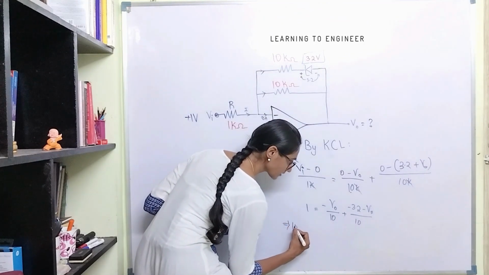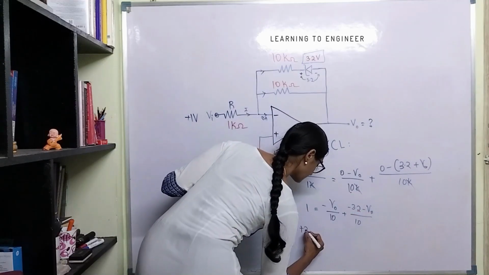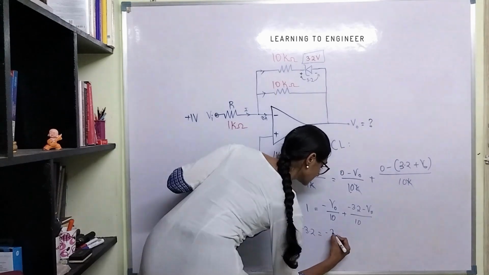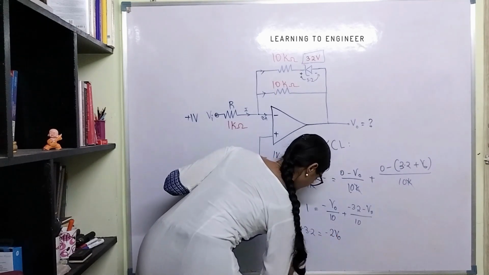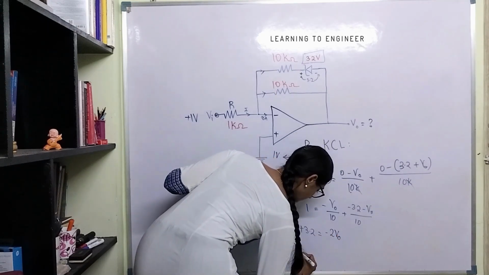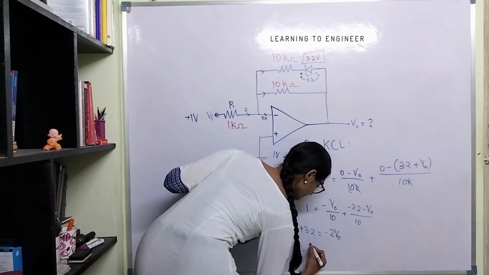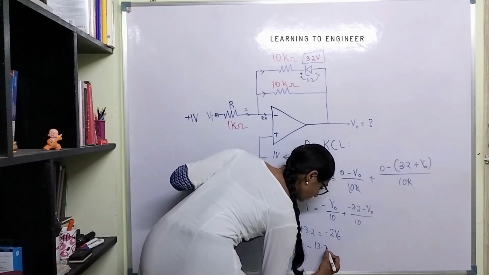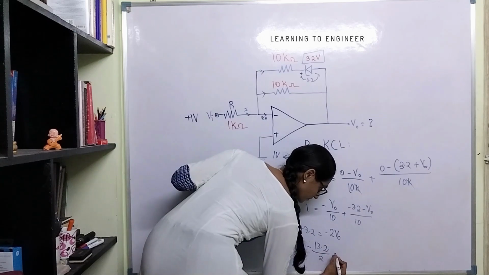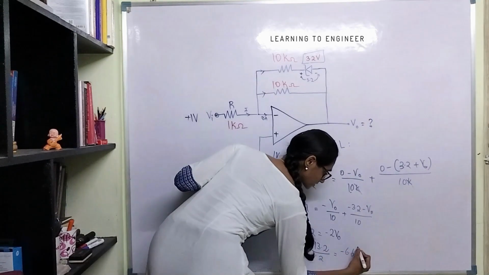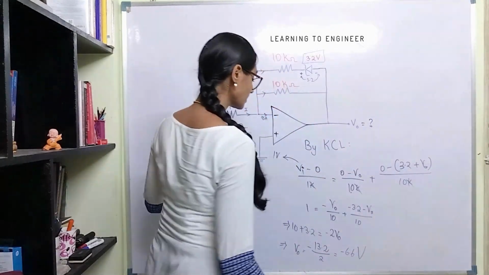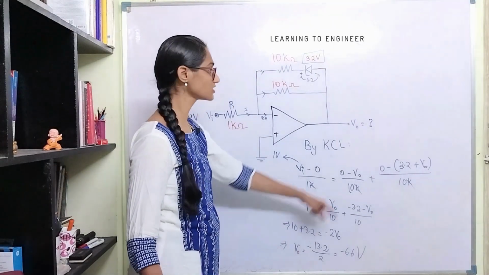So this implies that 10 plus 3.2 will be minus 2 V naught, and this implies that the value of V naught is equal to minus 13.2 divided by 2, which is equal to minus 6.6 volt. Okay, so this is the value of the voltage V naught.